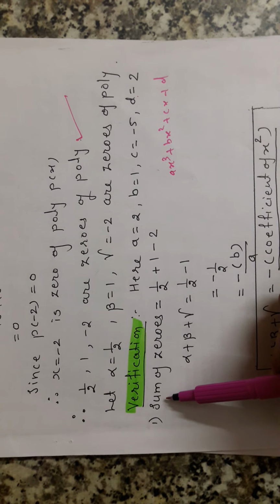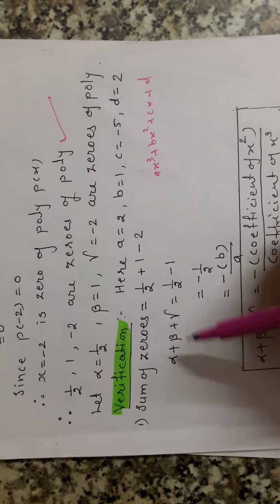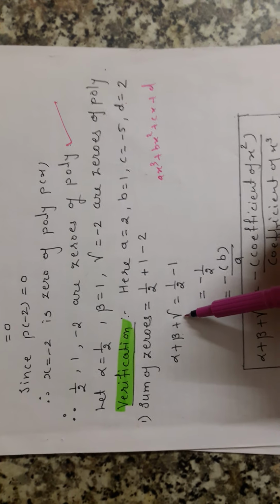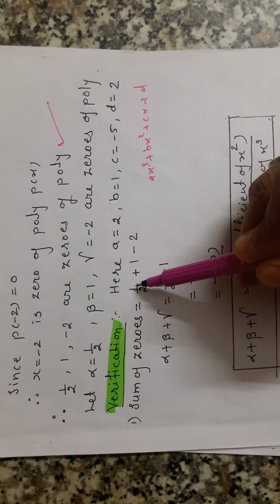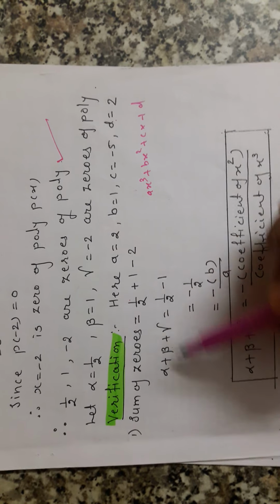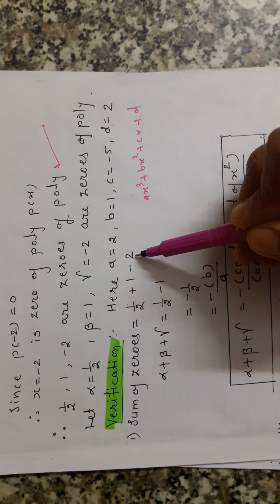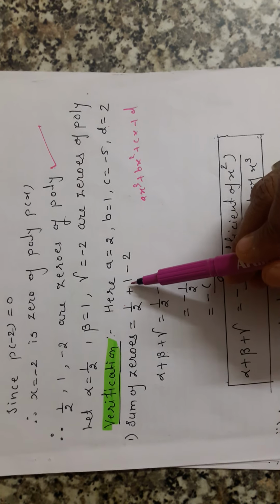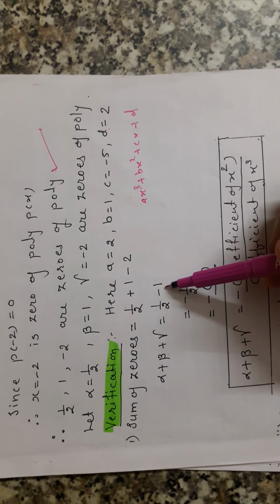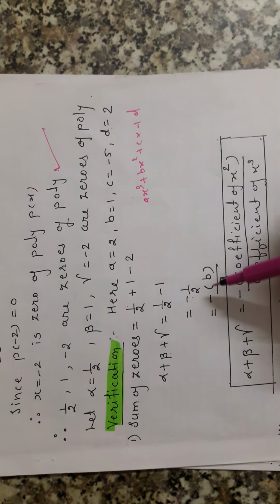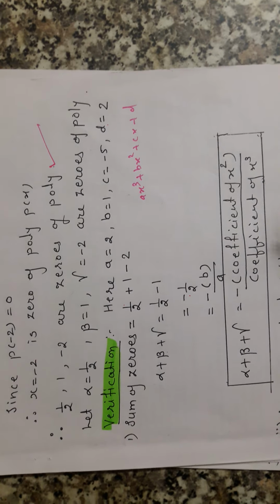First verification is the sum of zeros, that means alpha plus beta plus gamma. The value of alpha is 1 by 2, beta is 1 and gamma is minus 2. Plus 1 minus 2 is minus 1, and 1 by 2 minus 1 is minus 1 by 2.